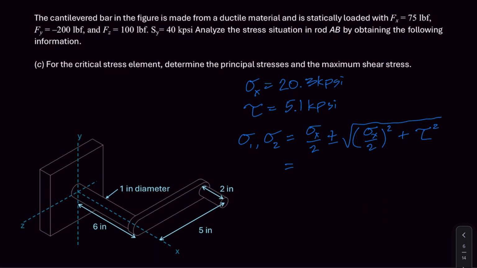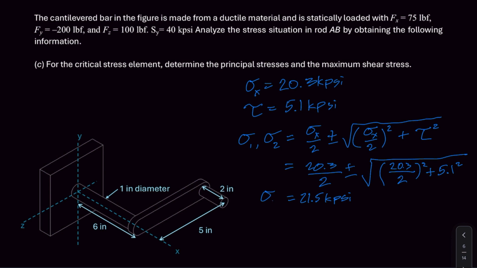And so this is going to be equal to 20.3 divided by 2 plus or minus the square root of 20.3 over 2 quantity squared plus 5.1 squared. And that would equal 21.5 kpsi for sigma 1.